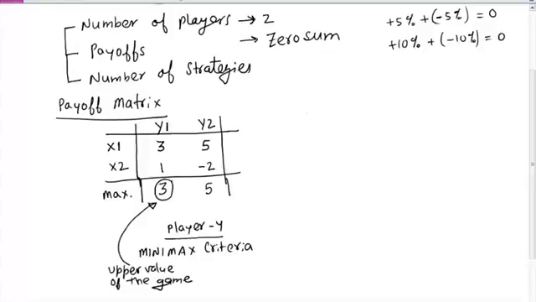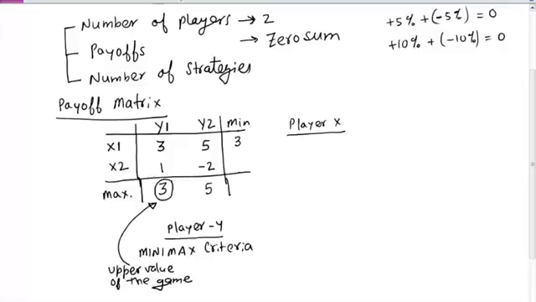Similarly, if you consider strategies used by player X, so what player X will try to do is, if we create this last column where we put minimum payoffs, in the first row the minimum is 3. So the minimum possible win for player X using strategy 1 is 3.